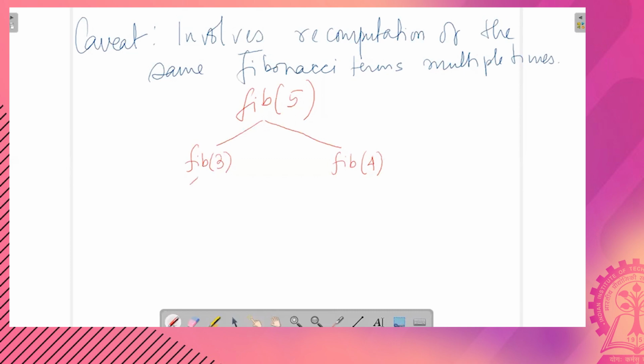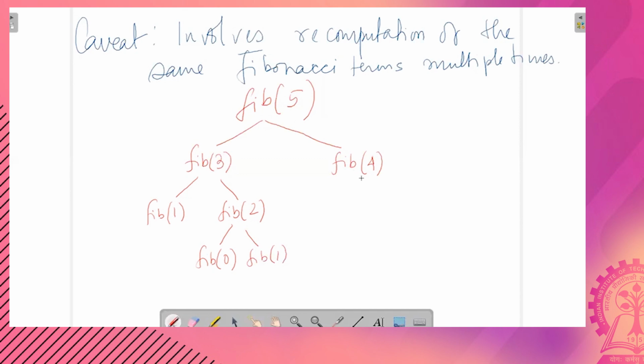Fib3 will in turn call fib1 and fib2, and fib2 in turn will call fib0 and fib1.